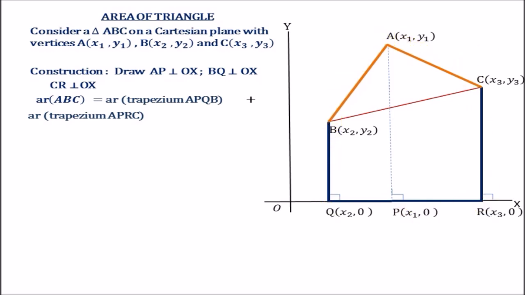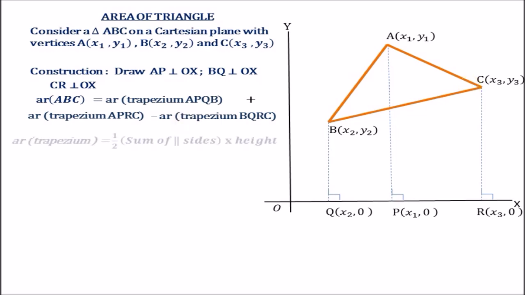Remember, we only want the area of triangle ABC. So from this combination, we will subtract the area of trapezium BQRC, as on subtracting the area of trapezium BQRC, we will get the area of the required triangle ABC. So we have removed the area of trapezium BQRC from the combination of the areas of trapezium APQB and APRC to get the area of triangle ABC.